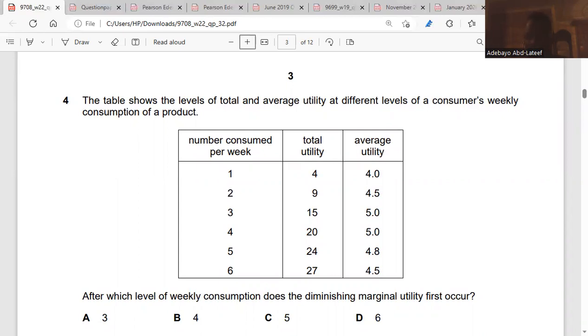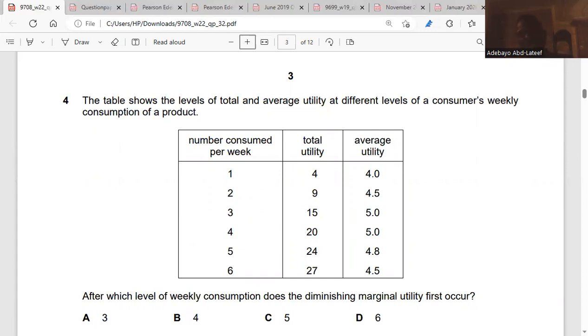When it was 2, the total utility was 9. The average utility was 4.5. As now it goes to 3, the total utility is 5. The average utility is 5. Going to 4, it remains the same as 3. Do you get it? So it means that the law of diminishing marginal utility starts occurring at 3.